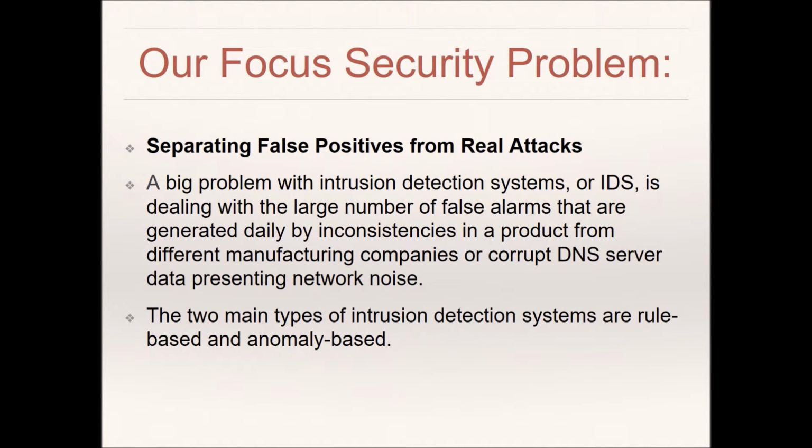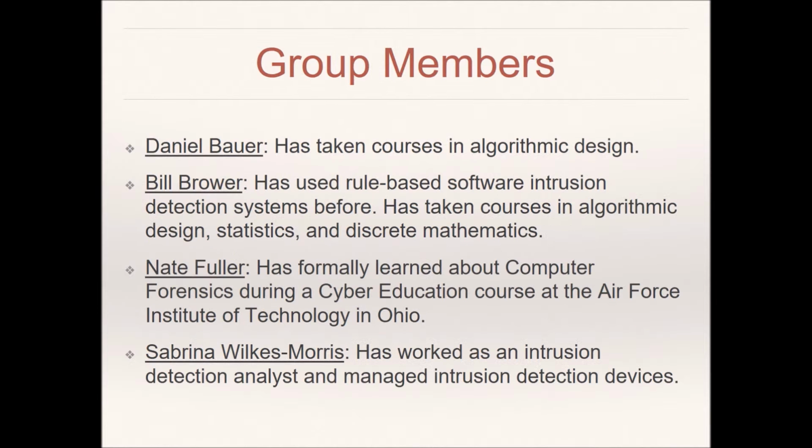For example, inconsistencies like sensors made by different manufacturers, software tools that aren't optimized for the use case they're being utilized in, corrupt DNS data presenting network noise, and software bugs can all increase the number of false alarms an IDS generates significantly. The two main types of intrusion detection systems in use today are rule-based and anomaly detection-based.